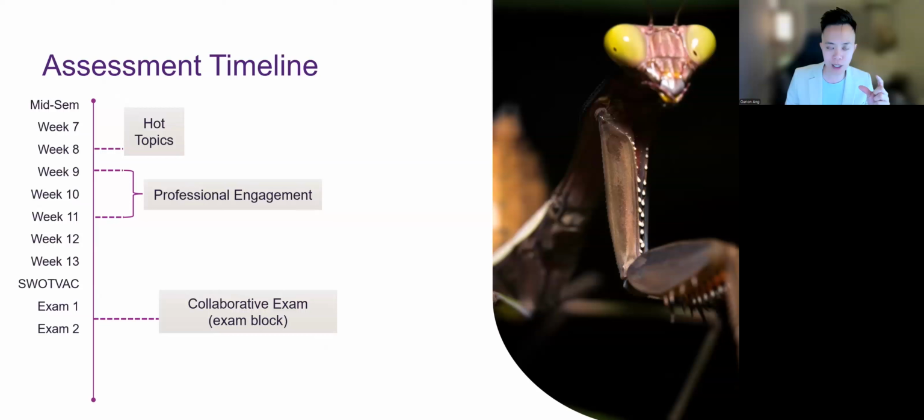And in that window of the open lab across weeks 9 and 11, you're developing your professional engagement portfolio, 40% of the course. Finally, in exam block, so of course I can't tell you which block because we have to wait until the exam timetable is released, typically in mid-sem. You will take your collaborative exam within the exam block window.